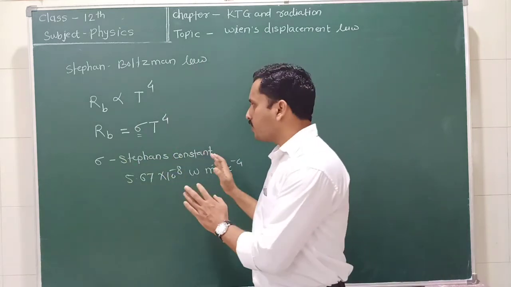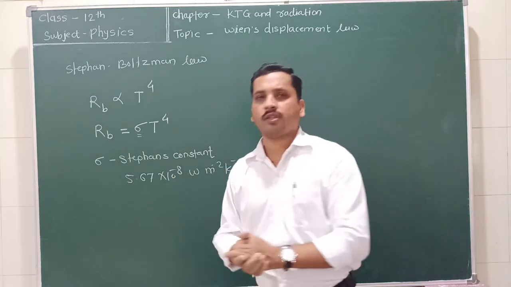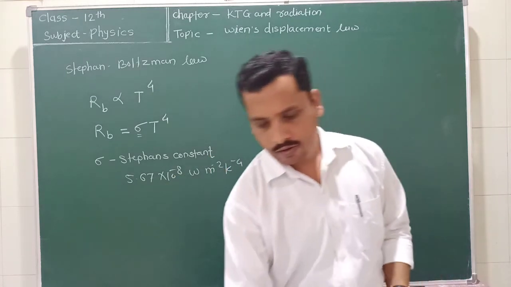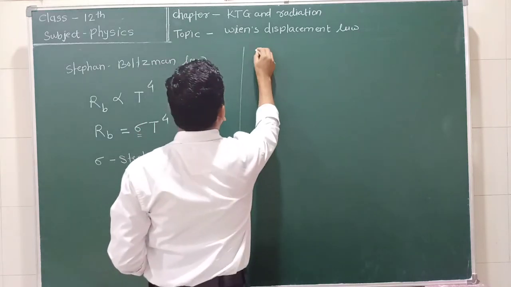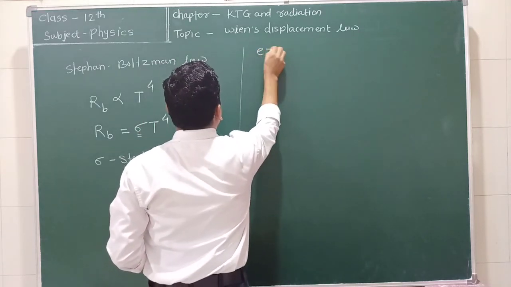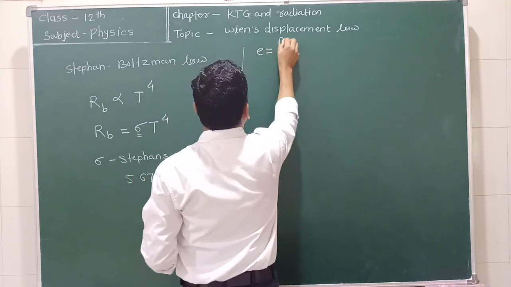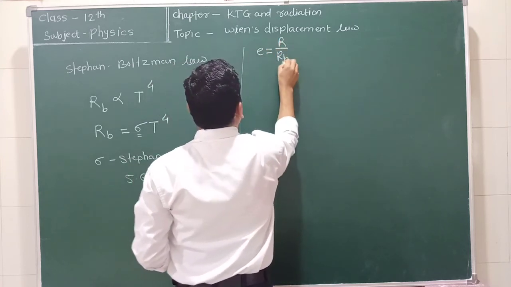Now, if we have to derive the relation for an ordinary body, we know that the emissivity of a body is equal to R divided by RB at a given temperature.